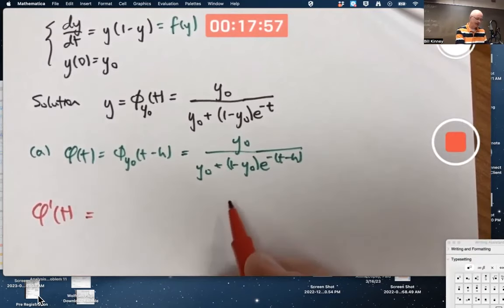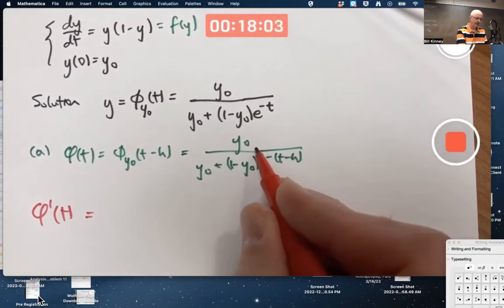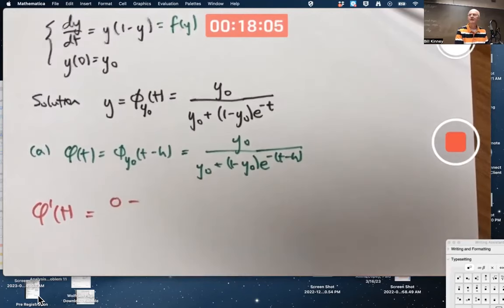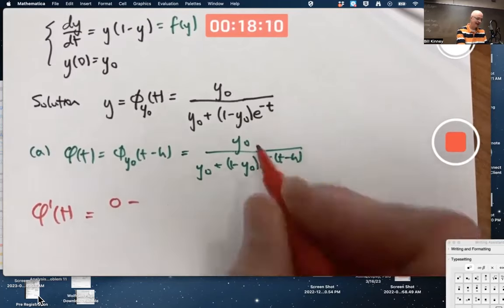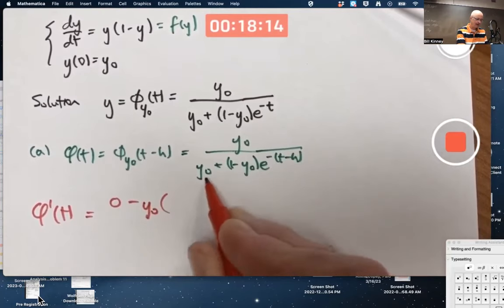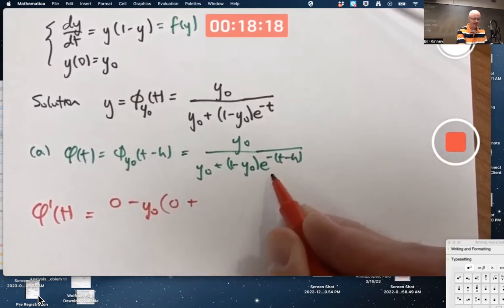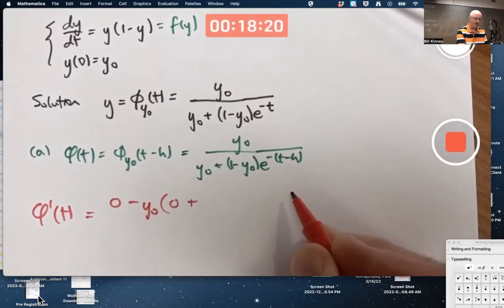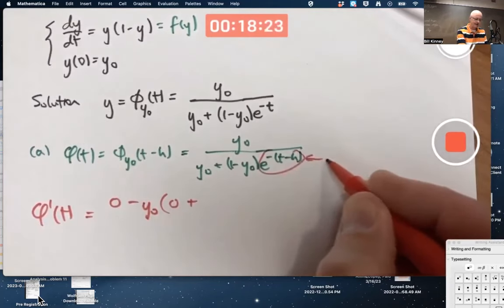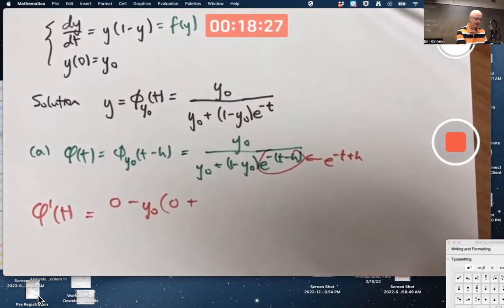So this fraction, I can use the quotient rule. Low d high means the bottom times the derivative of the top, which will be 0, since the top is a constant, minus high d low, take the derivative of the bottom here. The y naught differentiates to 0. This thing is a constant times e to this power, which is the same as e to this power, by distributing the minus sign through.